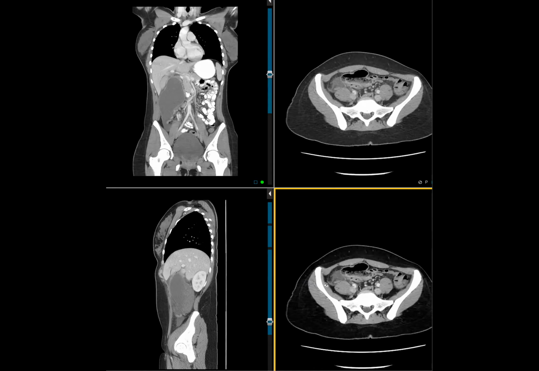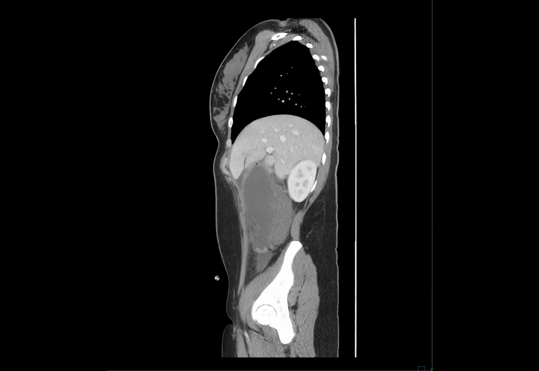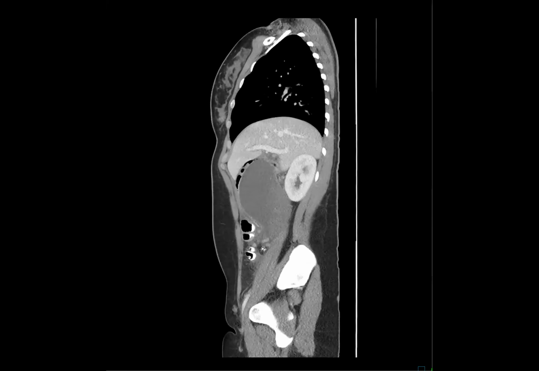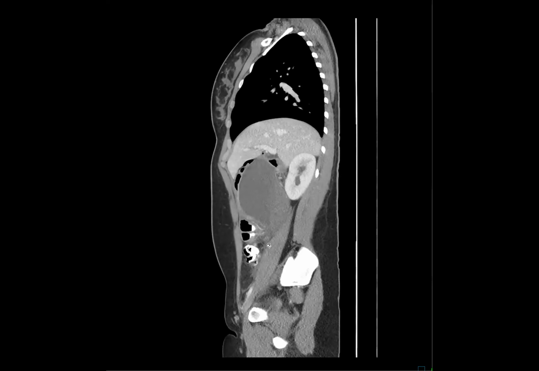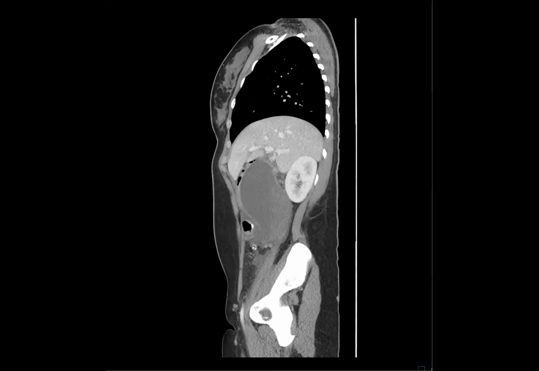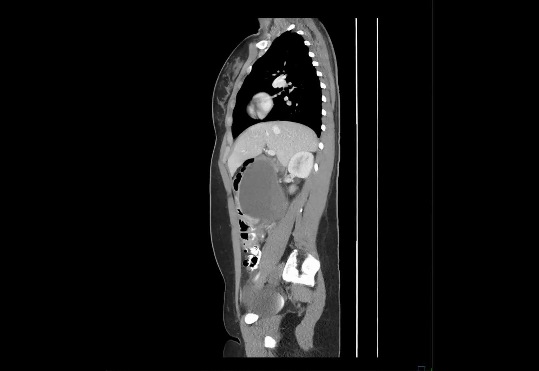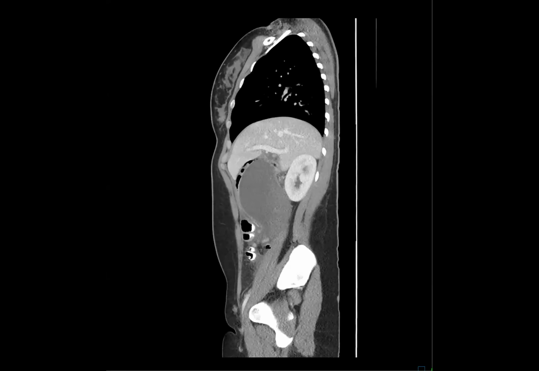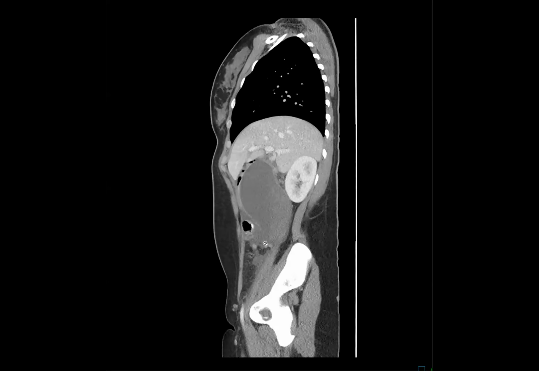So this thing was separate from the appendix. Even in this sagittal image, we can see a separate blind ending tubular structure arising from the cecum, and this thing is separate from this lesion, at least up to here. So this is not arising from the appendix.